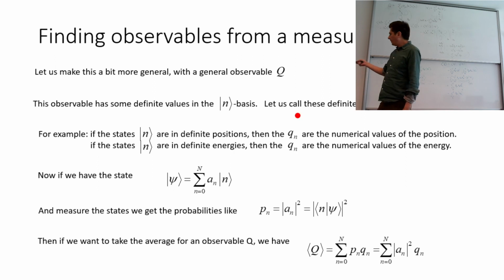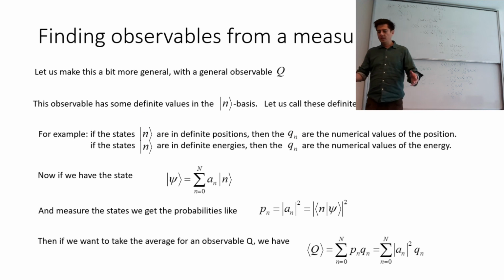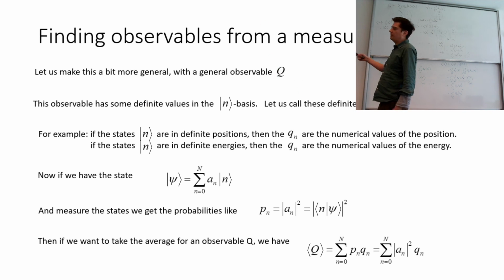So, for example, if it's position, it would have units of, say, meters, right? So Q has actual units and dimensions. This is again a quantum state, but it's the state where it's in a definite position. But it doesn't have to be position, because that's why I call it Q, sort of a general observable.